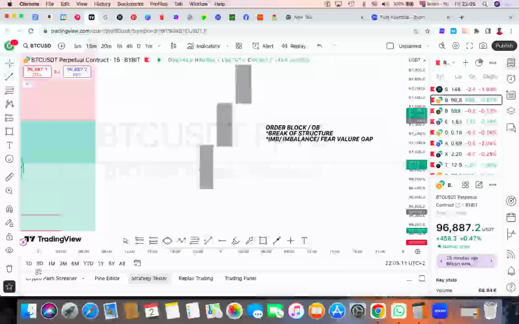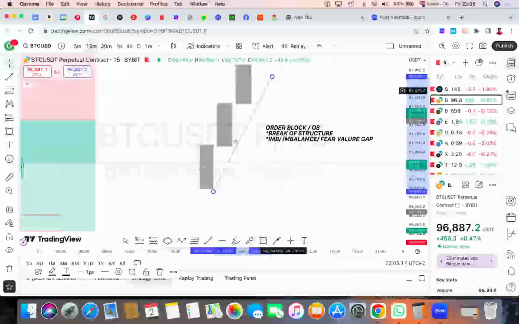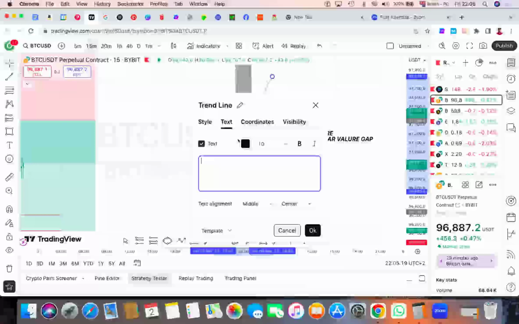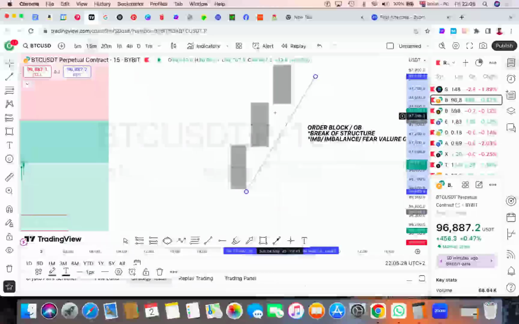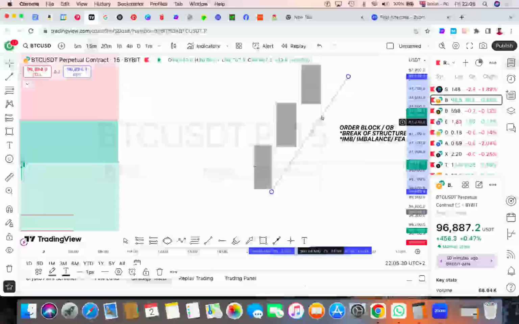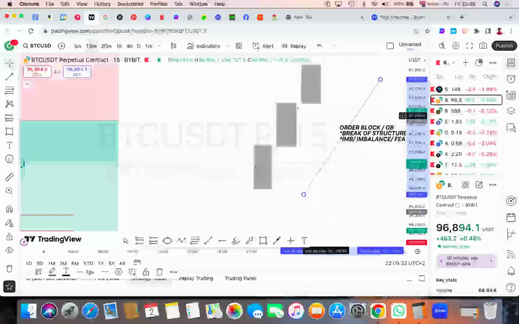If I draw my trend line here, just drag it up forward right here, you will see that this is an uptrend, right? But what we want to identify here is far different from that. So I take this away from here just to show you that it's an uptrend.